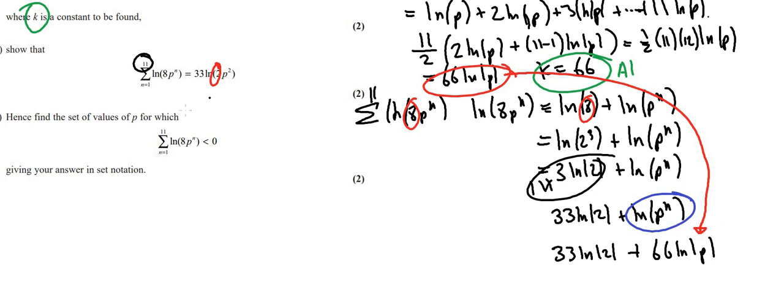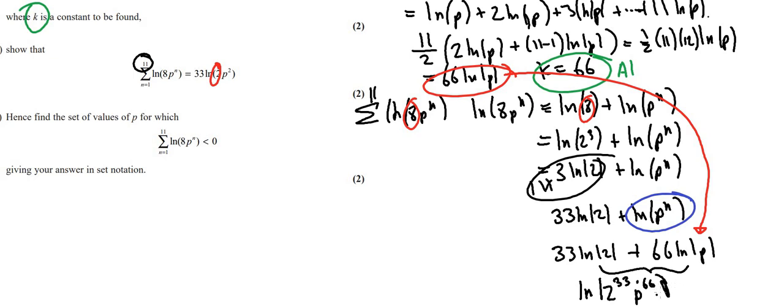Now I want to put it into the form of 2p squared. I can't combine these two as they are, because they've got different coefficients. So I'm going to write this as log of 2 to the 33, and because they're added, that means I'm multiplying by p to the 66.